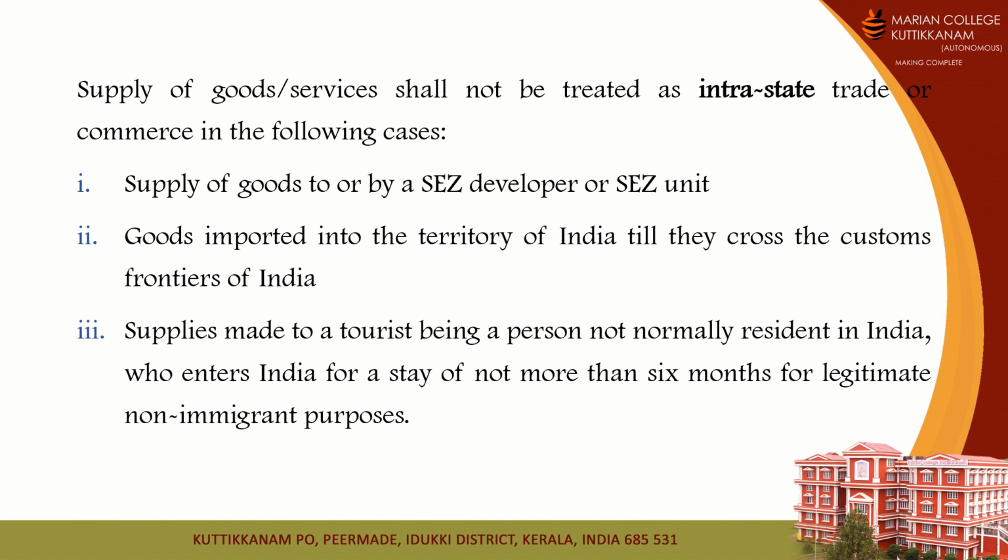If a supply of goods or services is made to such a tourist, it shall not be treated as an intrastate trade or commerce. So, the supply of goods or services should not be treated as intrastate trade or commerce in these three cases. Okay.